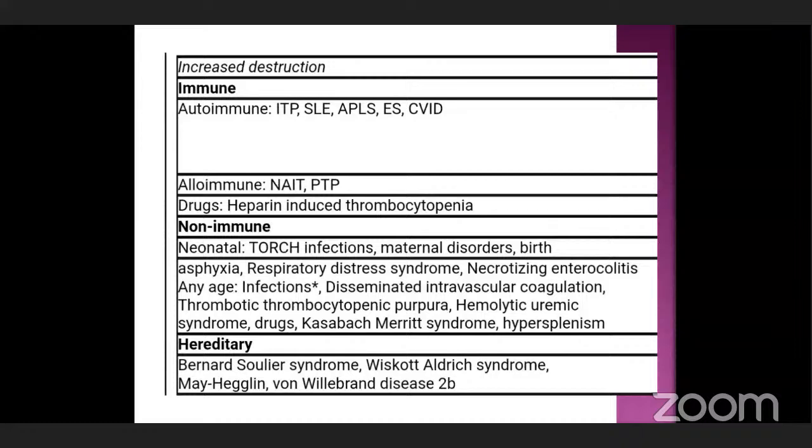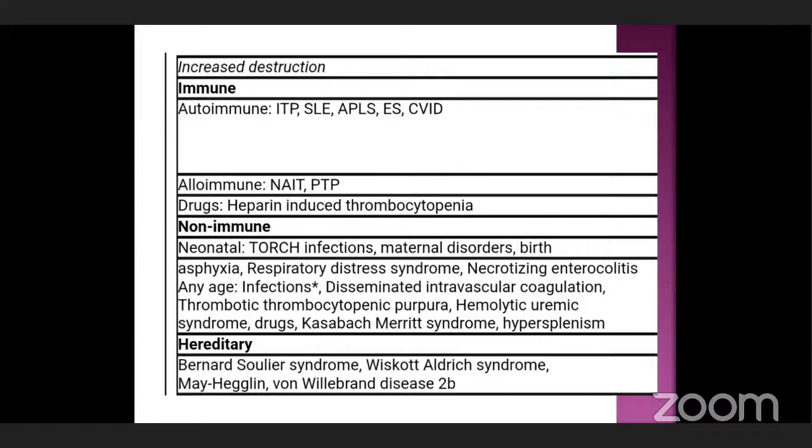Then some hereditary causes are there, like Bernard-Soulier syndrome and Wiskott-Aldrich syndrome. So in Wiskott-Aldrich syndrome, what other findings will be there other than thrombocytopenia? Eczema. Okay. Then recurrent infection, immunodeficiency. Okay.